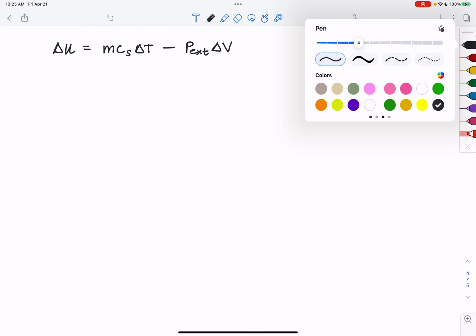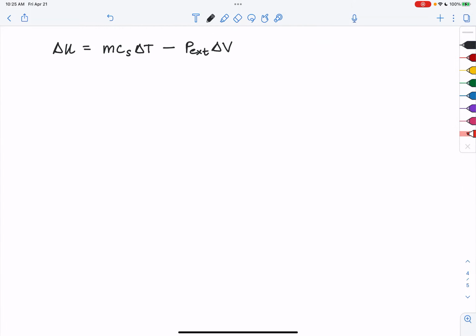All right. So for example, let's look at maybe a simple example first, and then we can add some complexity to this a little bit later.